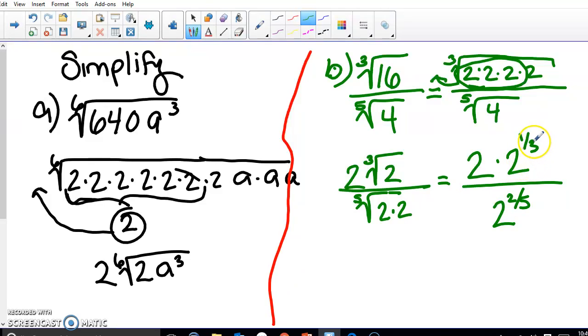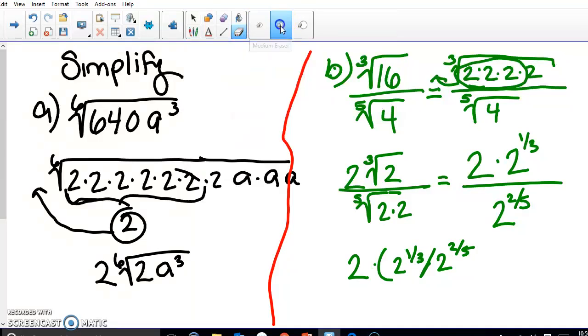So now I have fractions, so I can combine those. So I have 2 times 2 to the 1/3 divided by 2 to the 2/5. When I divide, I can subtract my exponents. Since my bases are the same, I can subtract my exponents since I'm dividing.